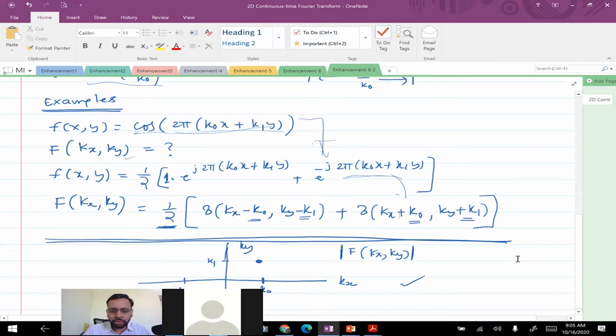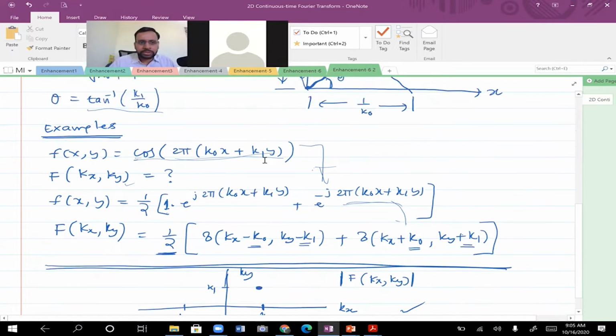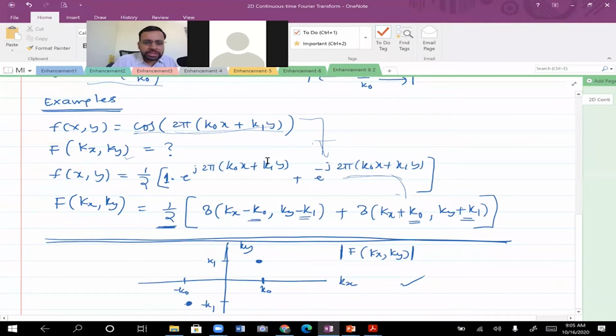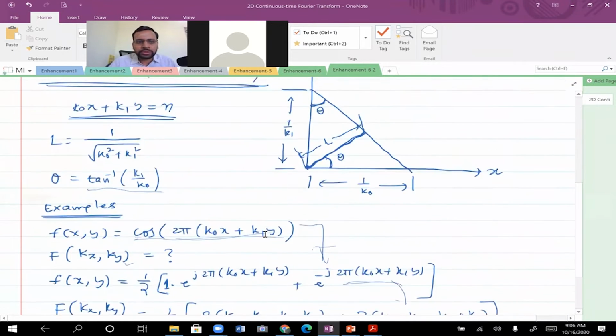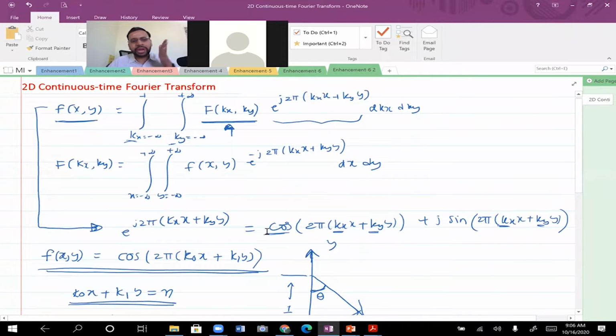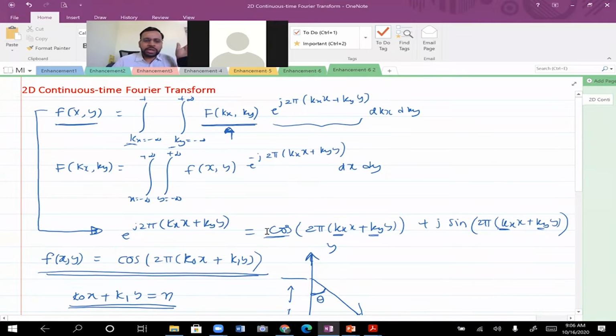Now, if you assume that k naught and k1 are positive, this is how the frequency domain response would look. One point is at k naught, k1, and another is at minus k naught, minus k1. Its value is in fact 1 by 2 there, because of the multiplication factor. Once you have a cosine in the spatial domain, these are the values of this Fourier transform.